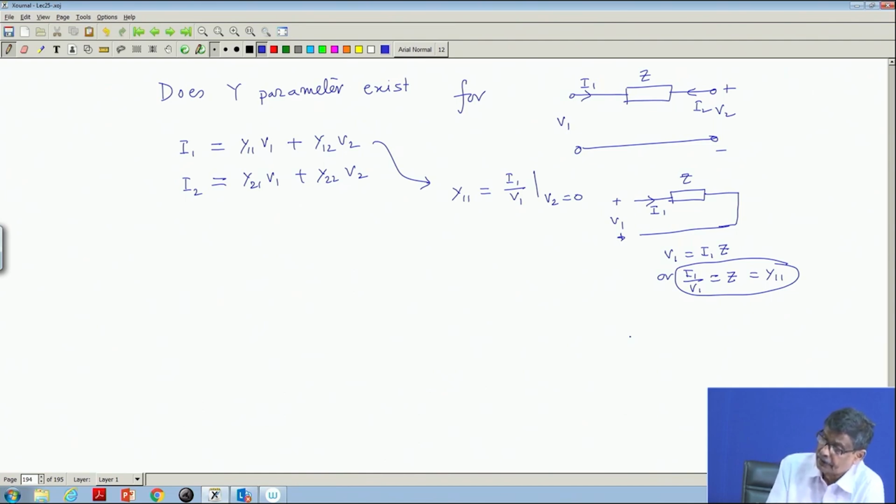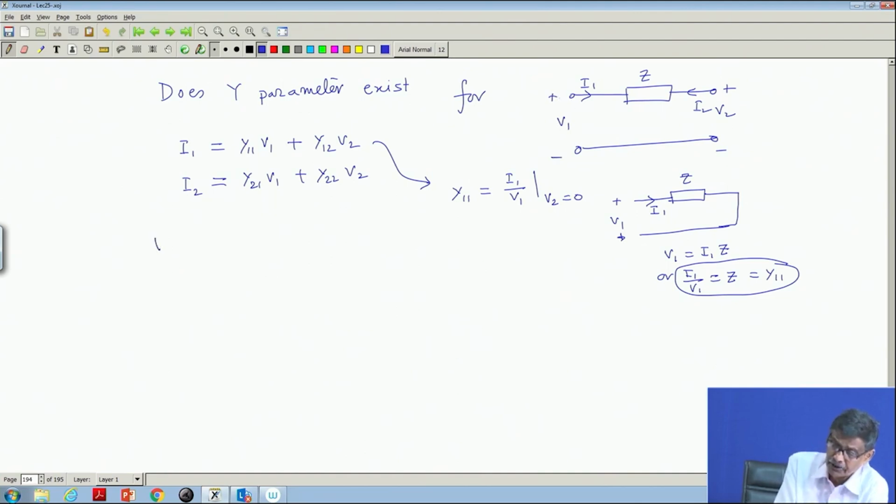Similarly, you can find out the other y parameters, but in this case I will do it in this fashion also, because it is such a simple circuit.